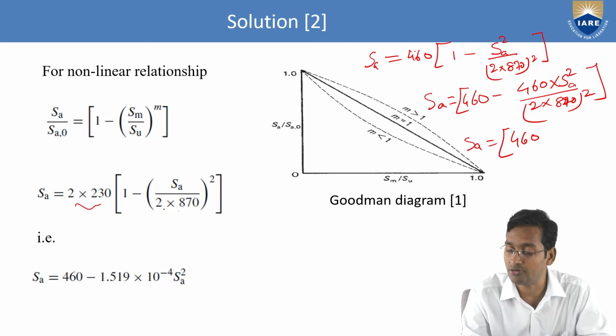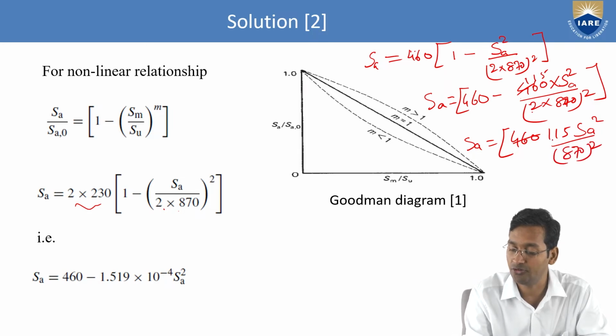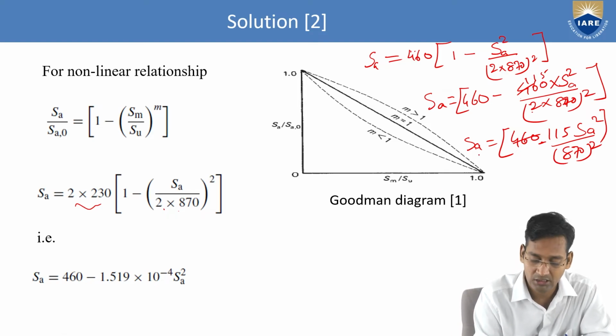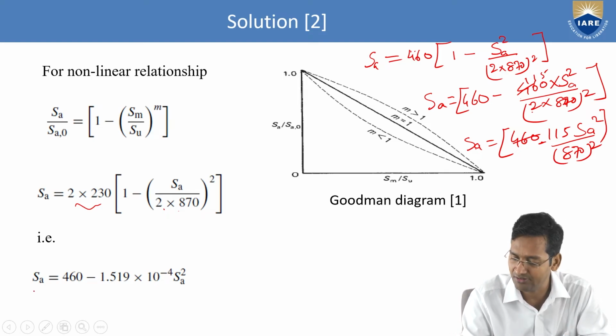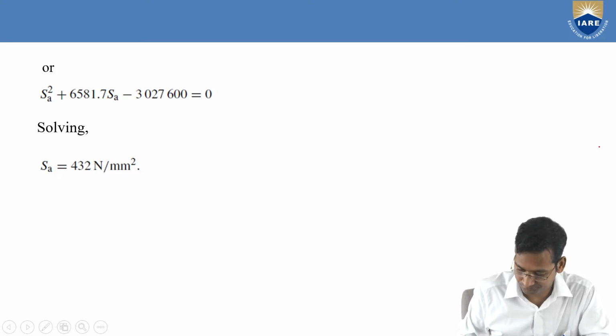Now this 2 square, I'm writing this as 4, and just 1, so this will be 115, so 115 SA square by 870 square, right? 460 minus, okay. Now you can just take the LCM, and once you simplify this one, then after solving, this will be the equation. Or let's see. So after taking the LCM, SA into 870 square, later you have to divide by this.